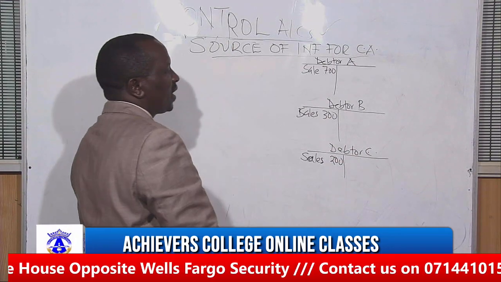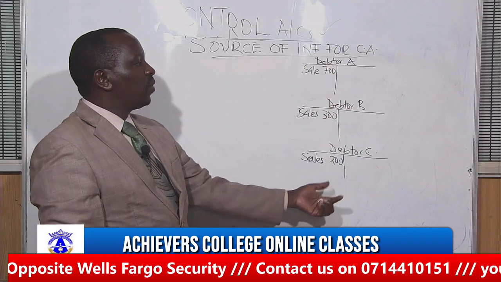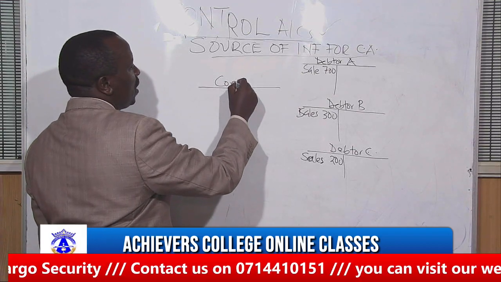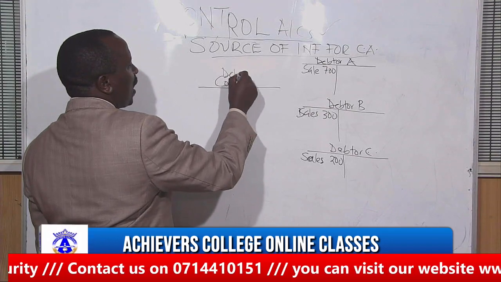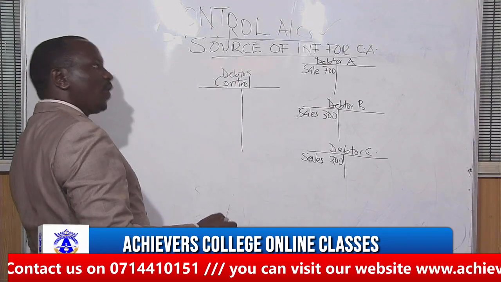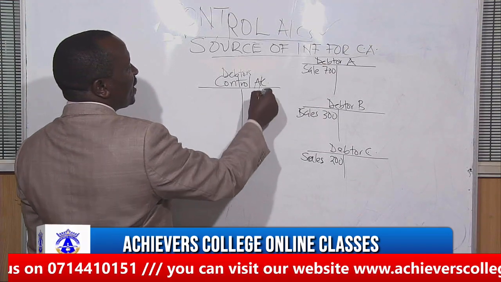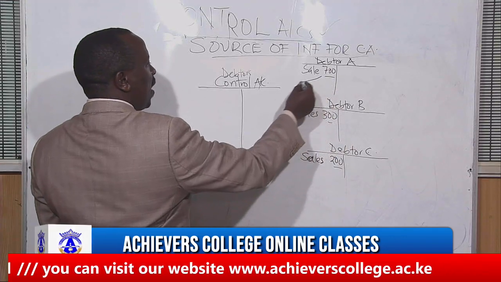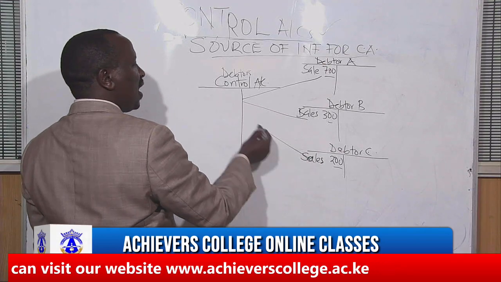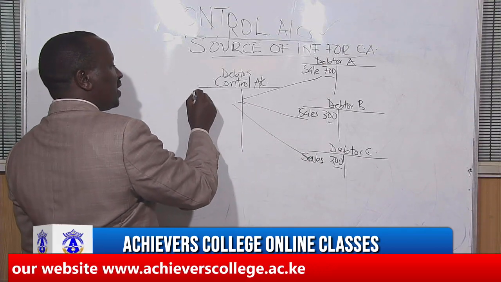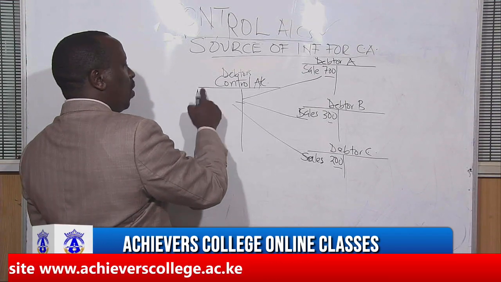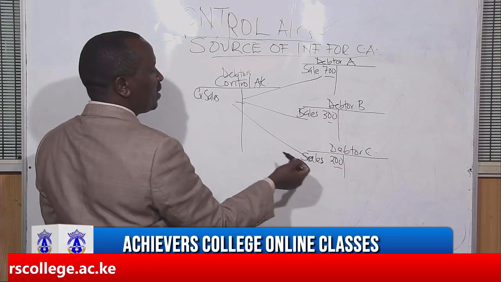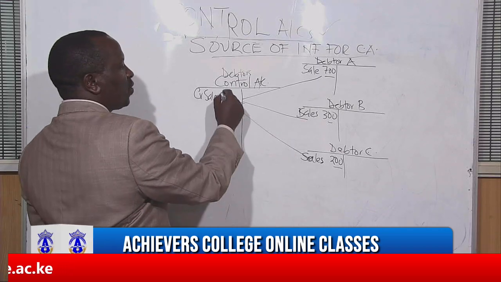Once we have that in the ledger account, many of us may assume that when we are drawing the debtors control account or accounts receivable control account, we should pick these and say these ones are our debtors, and therefore our accounts receivable or credit sales is 700 plus 300 plus 200, which should be 1200.